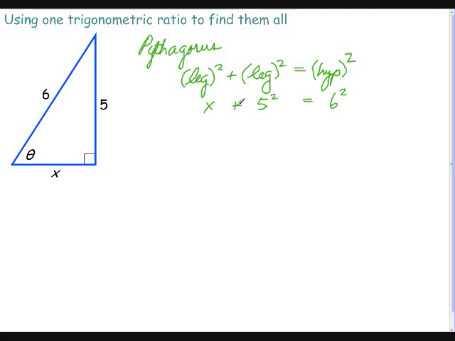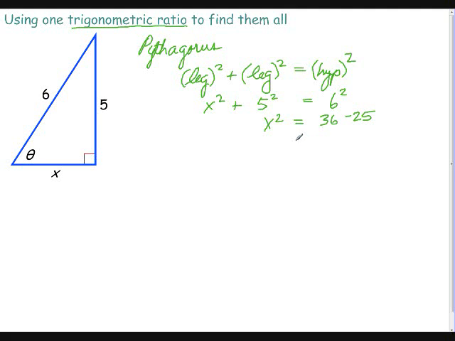The other leg I don't know. And if I'm going to figure the trig ratios, all 5 of them, then I'm going to need to know what x is. Imagine, I almost forgot to put this square in. That would really give me a bad answer, wouldn't it? So I know that x squared is going to equal 36 minus 25. 36 minus 25.